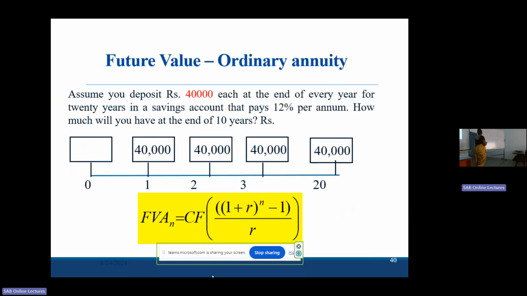If the factor is 230, we will get 230 as the relevant annual factor. It's into 40,000.